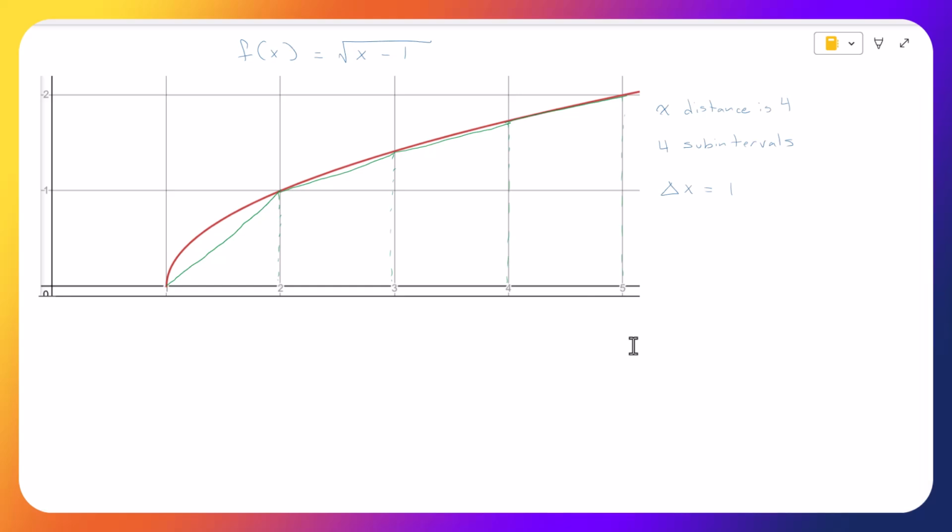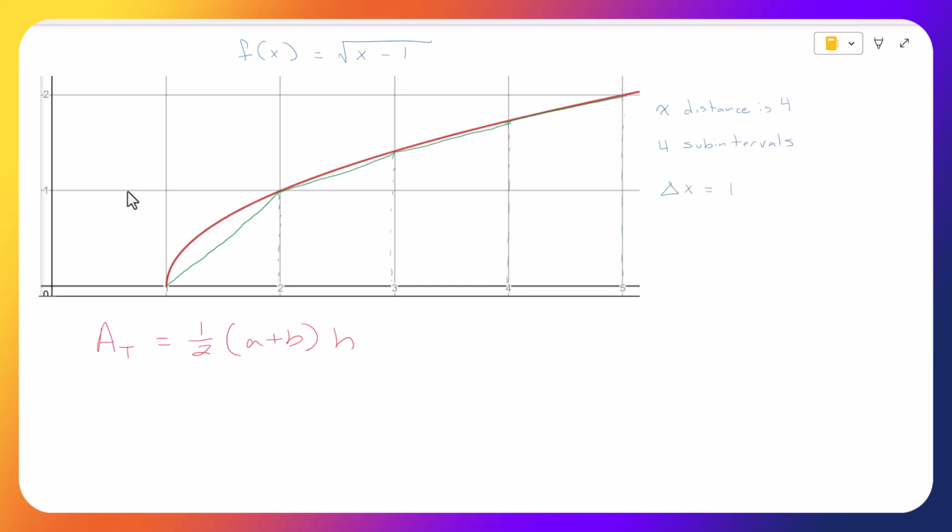Okay, moving on. Now let's actually start calculating the area of this. Well, what is the area of a trapezoid? The area of a trapezoid is equal to 1/2 of a plus b times our h. And I'm going to label on our actual trapezoid, not our triangle, because that'll be a little more clear what's happening.